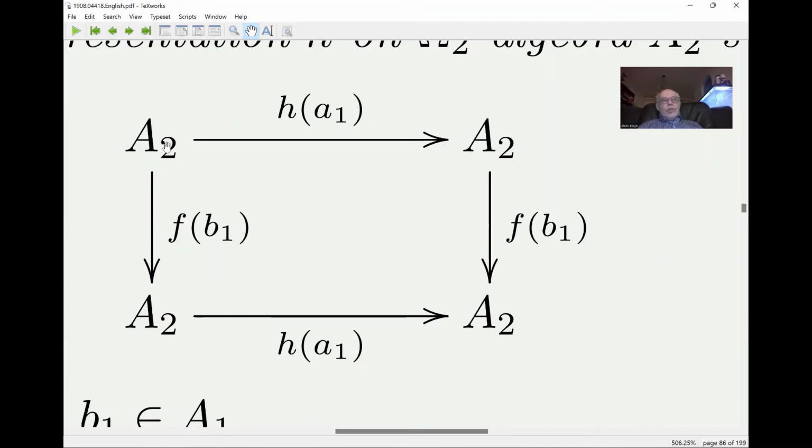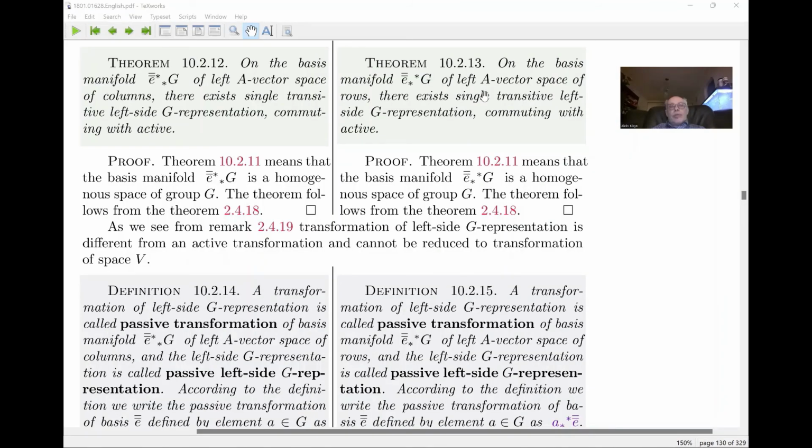For any non-commutative group, we may consider left-side and right-side representation. If left-side representation F of group G on algebra A2 is single transitive, then we can uniquely define right-side representation H on the same algebra in such a way that the considered diagram is commutative. Applying this statement to active representation of the symmetry group, we get the following theorem.